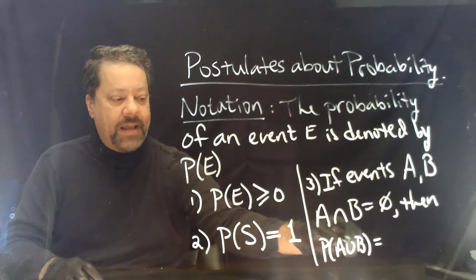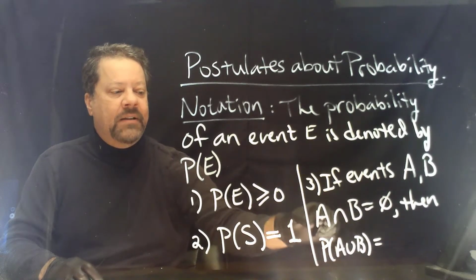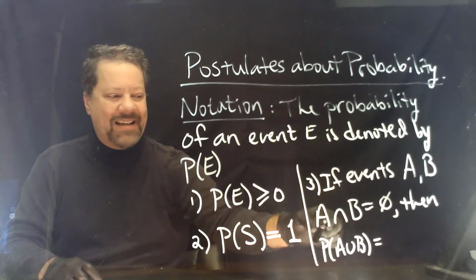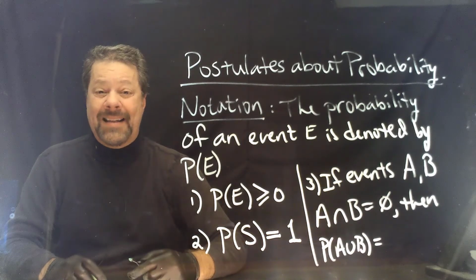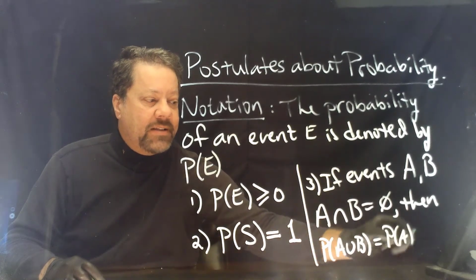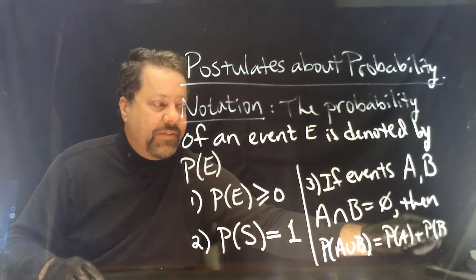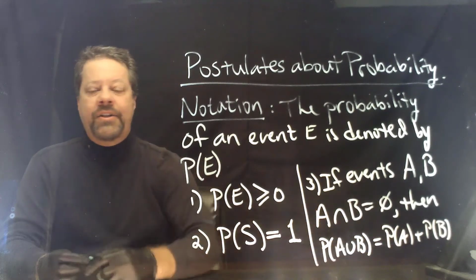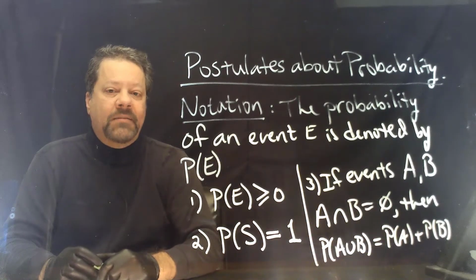Something is either in A or in B. An intersection is the word and, A and B, something that lies in both. We get the sum of the probabilities if these events share no simple events in common.